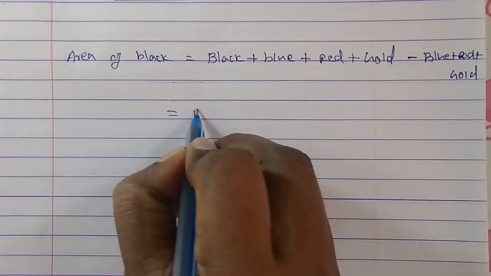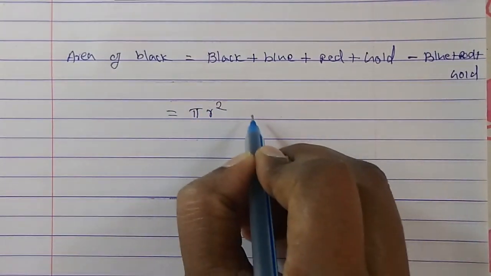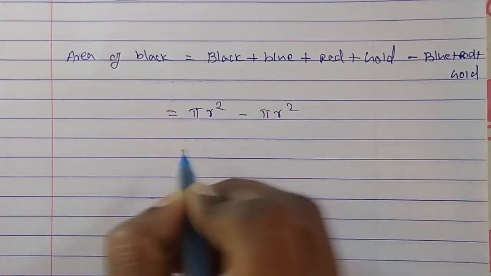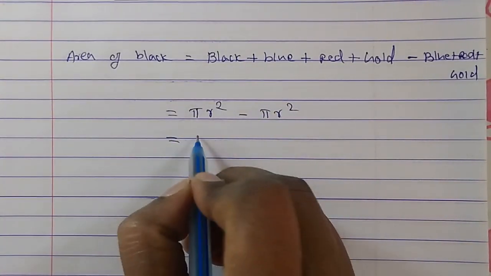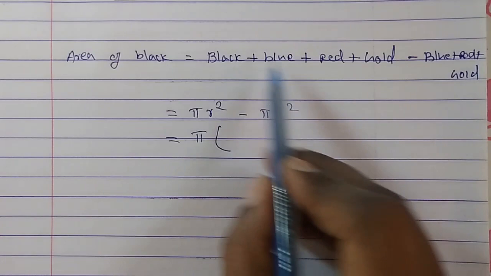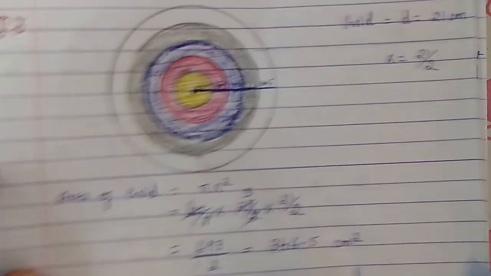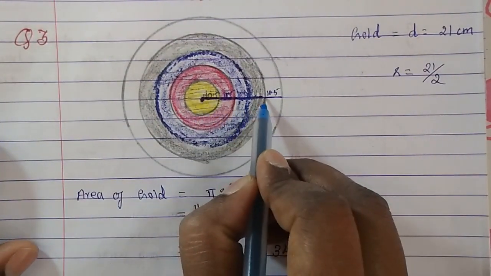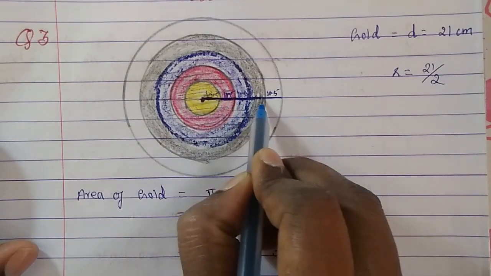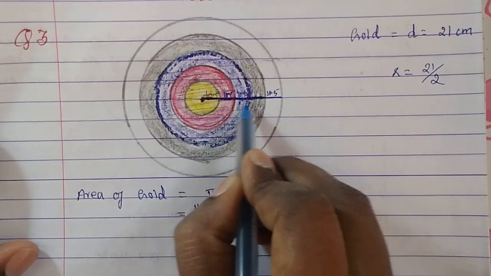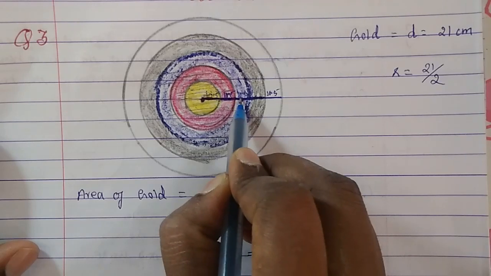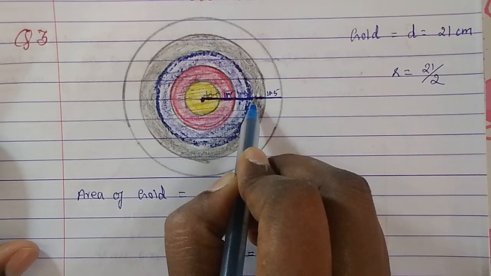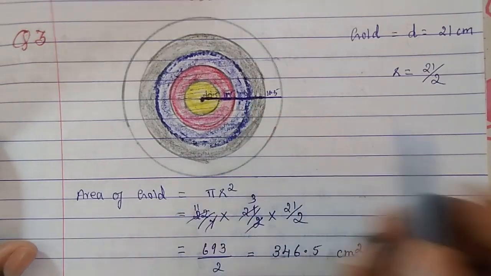So let's put now this also pi r square, then minus pi r square. So now pi in common, r square. For this radius, how much? Up to here, right? Up to here for the whole circle. Up to here the radius 10.5, 10.5, 10.5, 10.5 gives us 42.